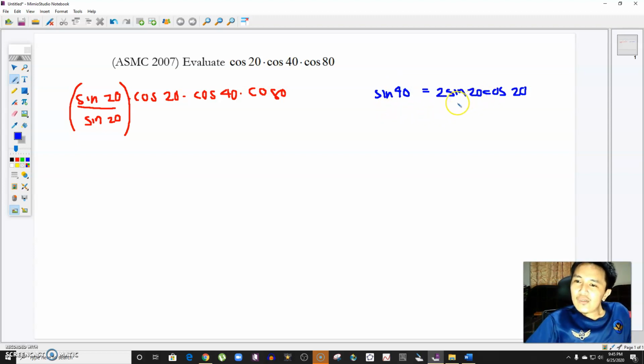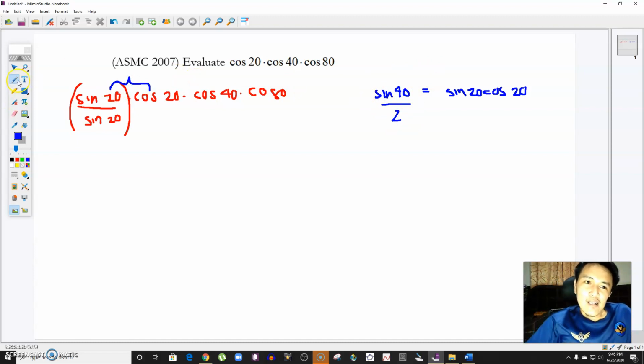So sine 20 times cosine 20 is equal to sine 40 over 2. Meaning I can replace this by sine 40 over 2.